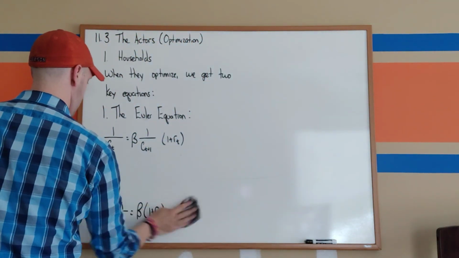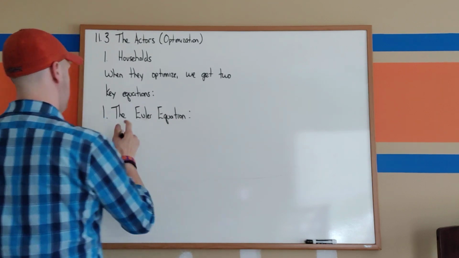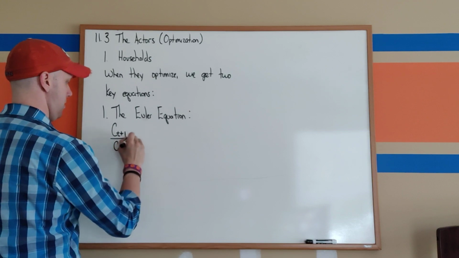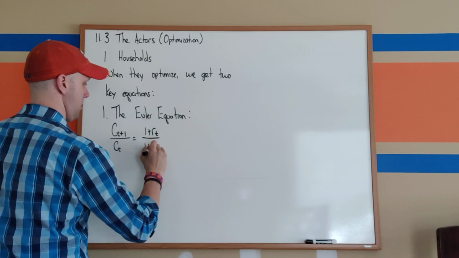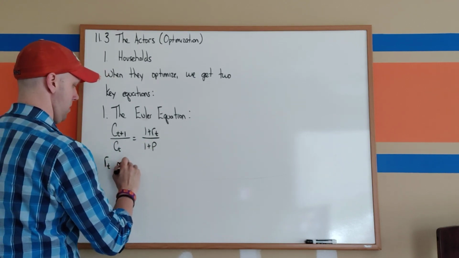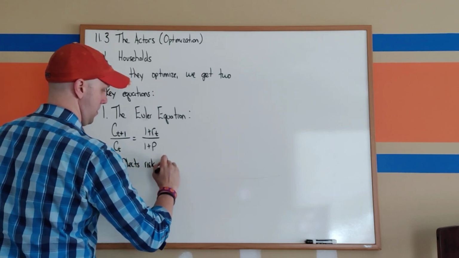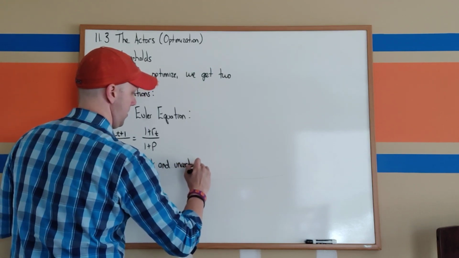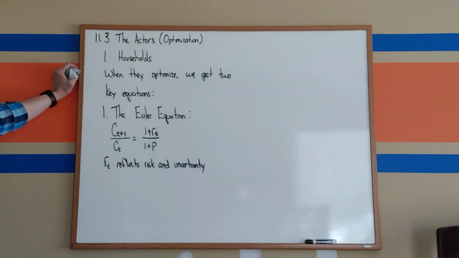Well, I'm going to rewrite this. Think that the interest rate is a function of risk and uncertainty.